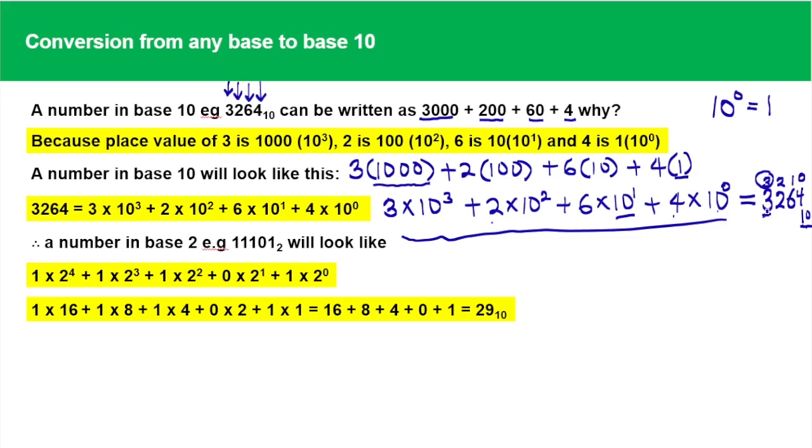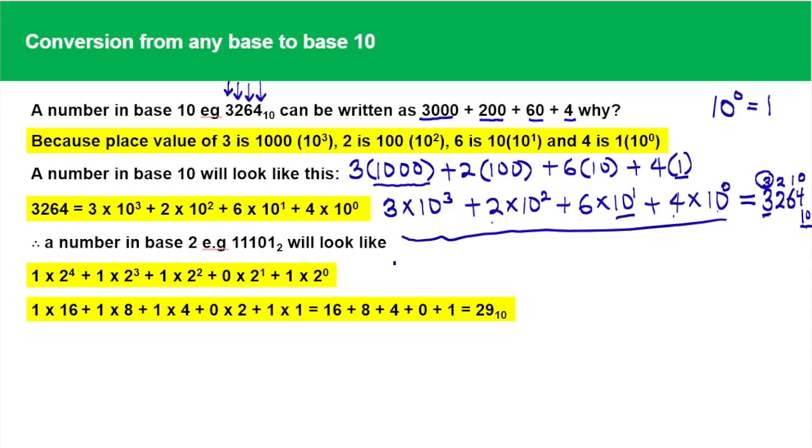The digit 3 multiplies the base 10 raised to the power assigned to the digit. The same thing, the digit 2 multiplies the 10 raised to the power assigned to the digit 2. The same thing for 6, digit 6 multiplies the base raised to the power assigned to the digit.